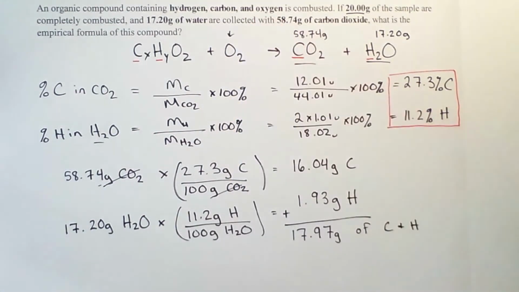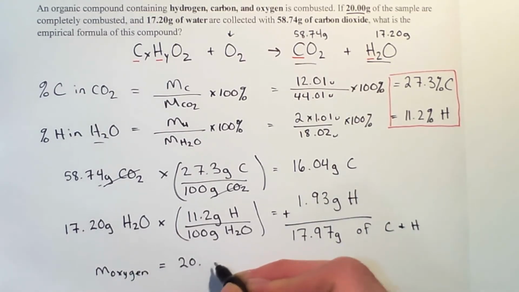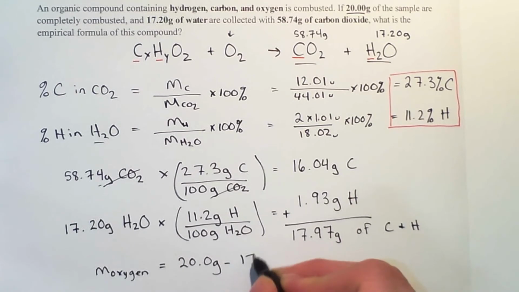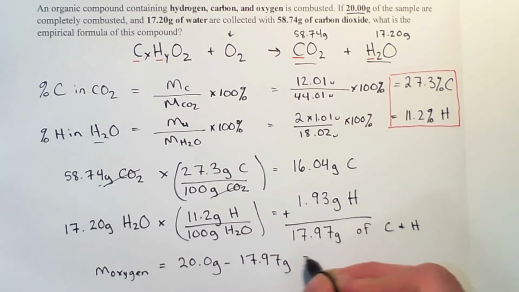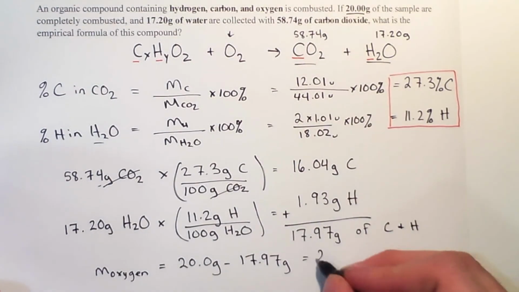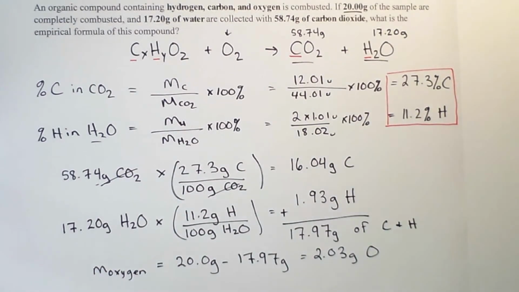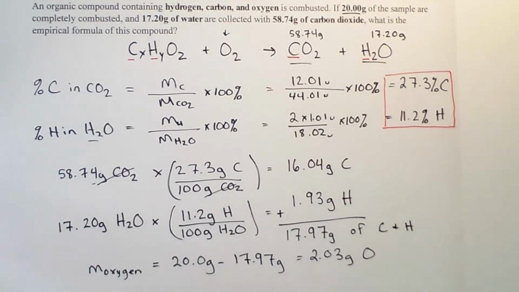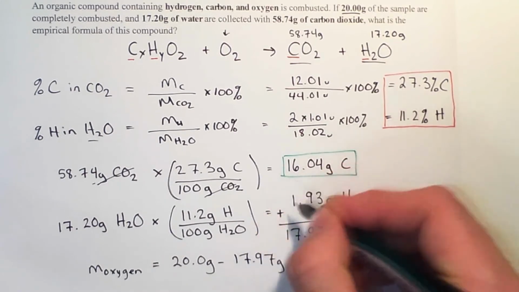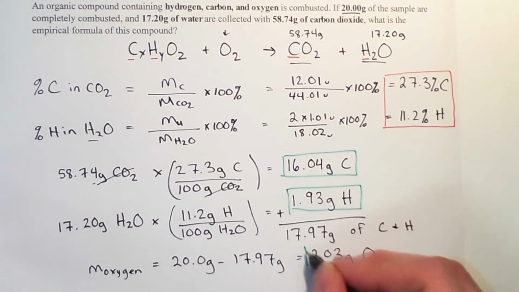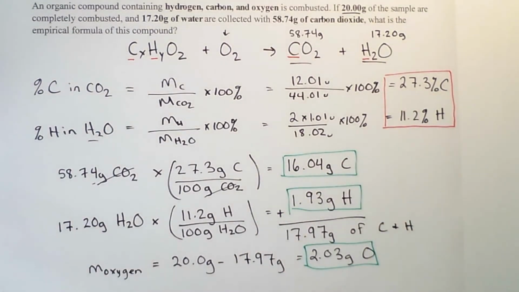Well, this compound also has oxygen, so the mass of oxygen must be equal to 20 grams take away 17.97 grams. And that's 2.03 grams of oxygen. So what we have here are our masses: this much carbon, this much hydrogen, and this much oxygen, which must have come from the sample.